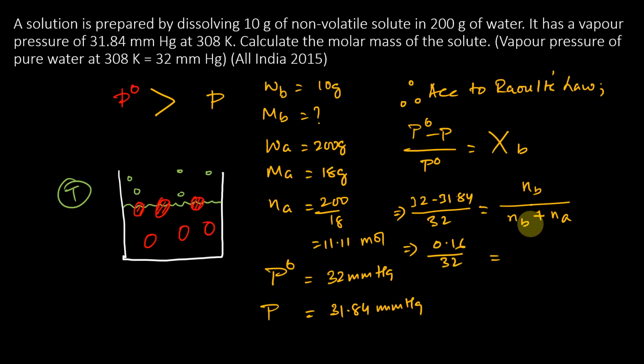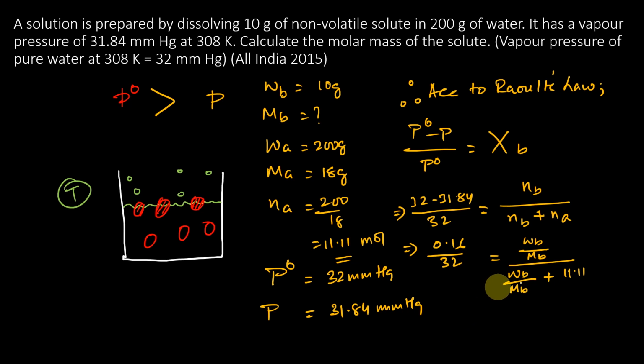And number of moles of the solute will be WB divided by MB. This is also going to be WB divided by MB plus, what about solvent? What is given for the solvent? It is 200 grams, so we have already found 11.11.